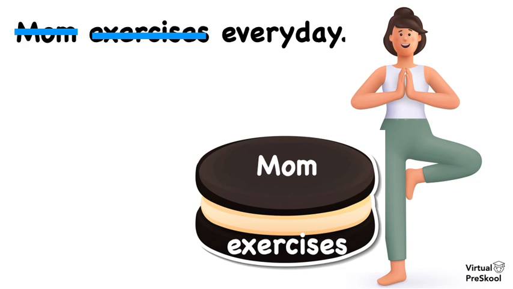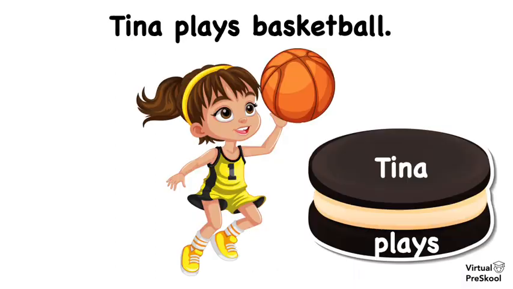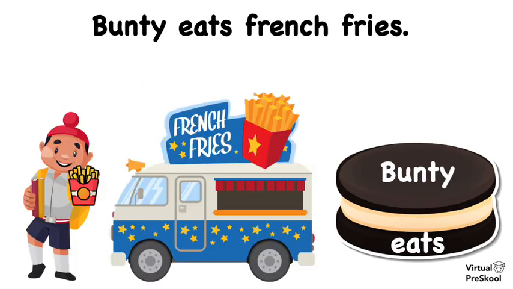So what's left? Every day. So the middle cream is every day. Tina plays basketball. The top is Tina and the bottom is plays. So what's left? Basketball. So the middle cream is going to be basketball.